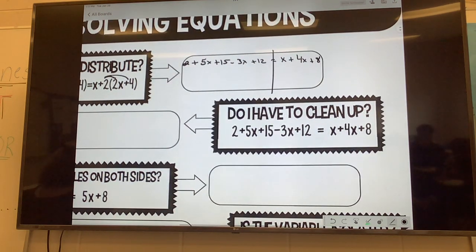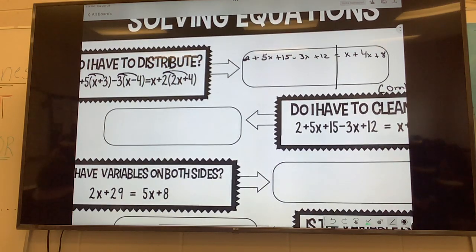Because now it says we're going to clean it up. That means combine like terms. That's what I call it. You're going to combine like terms, and you're going to put that on this next place down here. So we got to go in and find what are our like terms. We have a 5x and a negative 3x. I also have a 2, a 15, and a 12. So I'm going to put my 5x minus 3x is 2x.